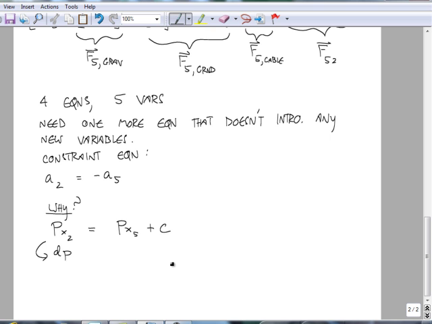And so if you take the time derivatives, you get this. I forgot that sign. So the velocities have to be equal and opposite.